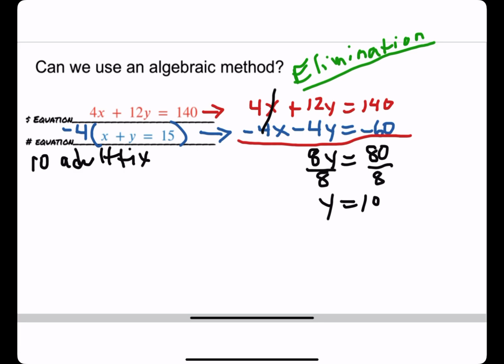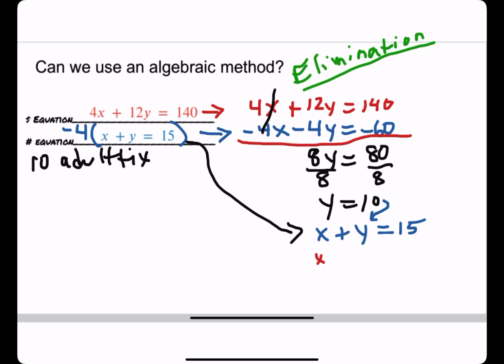Now to get my number of child tickets, I'm going to rewrite the second equation, again, simply because it's easier. x plus y equals 15. No coefficients to deal with on the x's and the y's. I'm going to substitute 10 for y, since I know that y is 10.